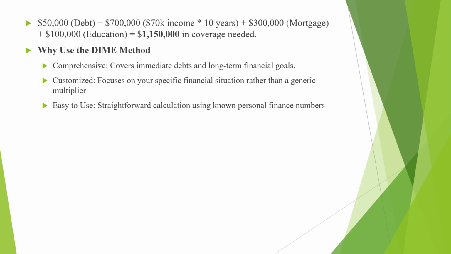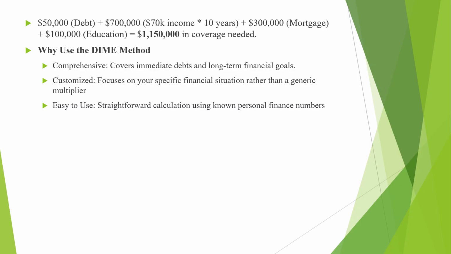Now, customize: focus on your specific financial situation rather than a generic multiplier. That means you cannot randomly say, okay, my mortgage is 300,000, let's put 500,000, or I need 300,000 for education rather than 100,000. You cannot put any generic number.